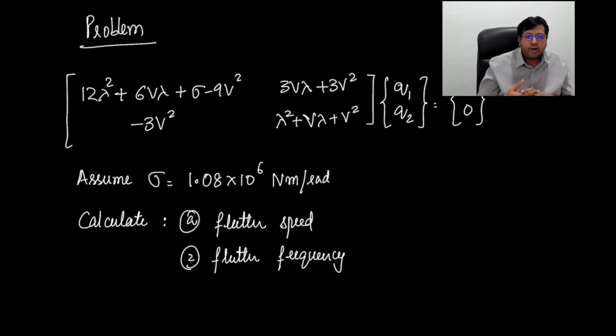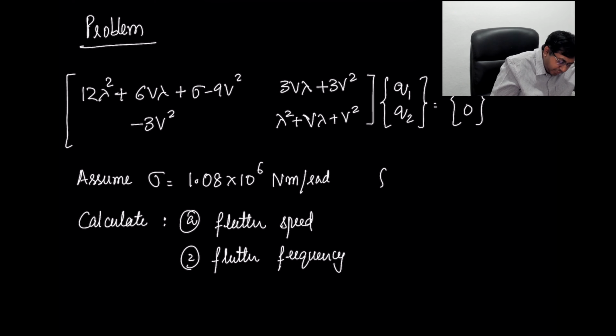I have already directly written down the consolidated form, the mass, the stiffness and the damping. I have separated all of them out and already assumed that our generalized solution, Z1 and Z2, is equal to some form of Q1 and Q2 times the exponent of lambda t.